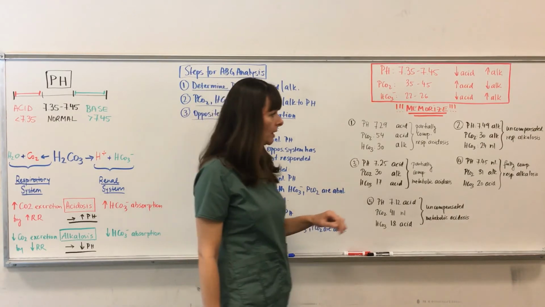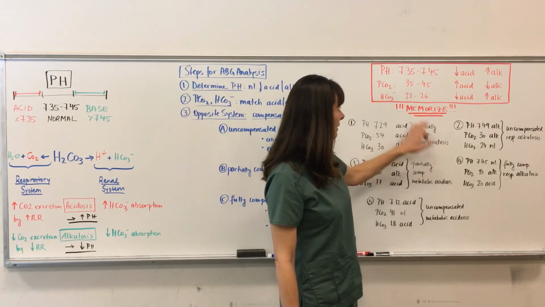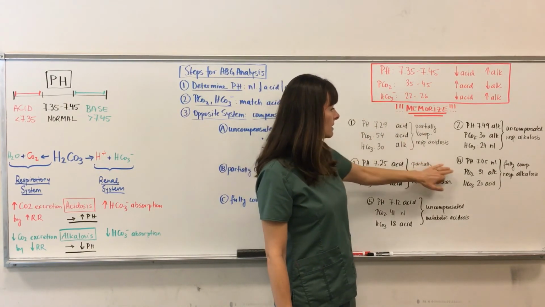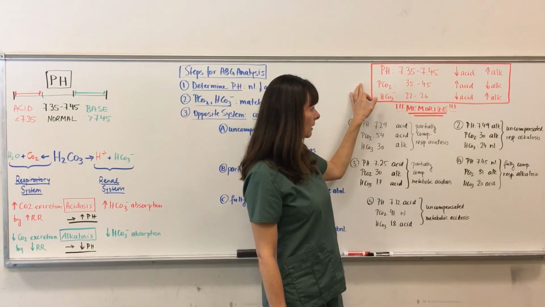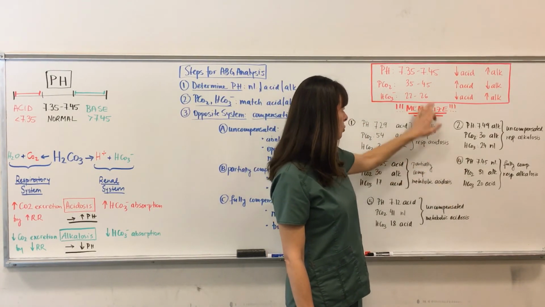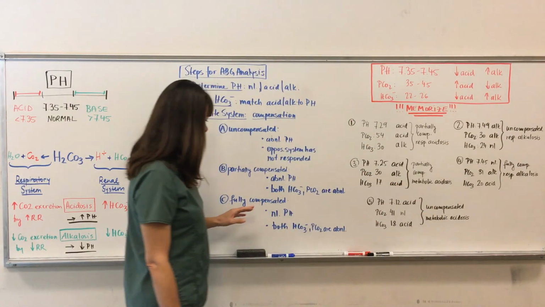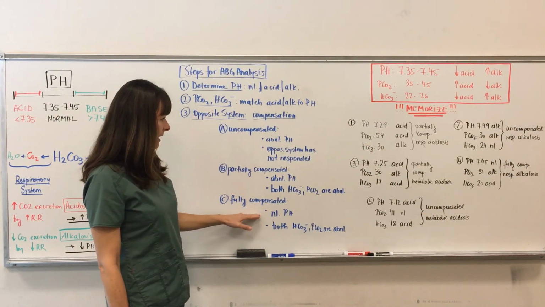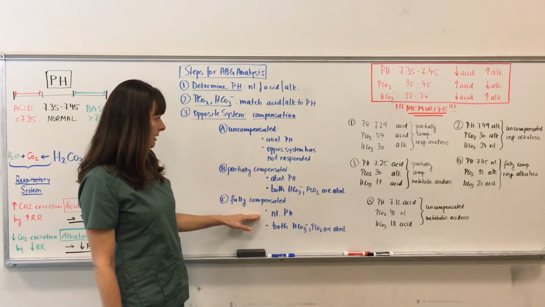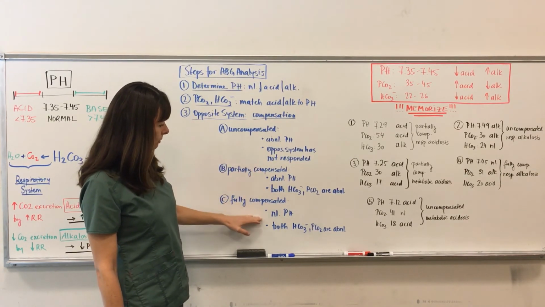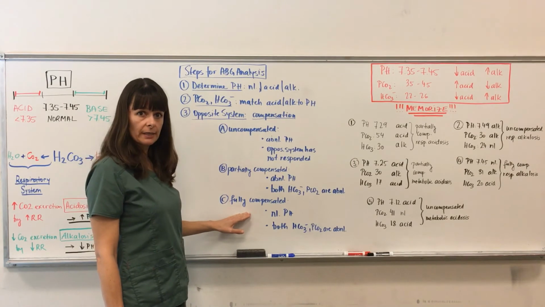Example number 4. pH is 7.45, which is normal. PCO2 is 31, which is alkaline. And bicarbonate is 20, which is acidic. Now, when the pH is normal, that tells us it's fully compensated.